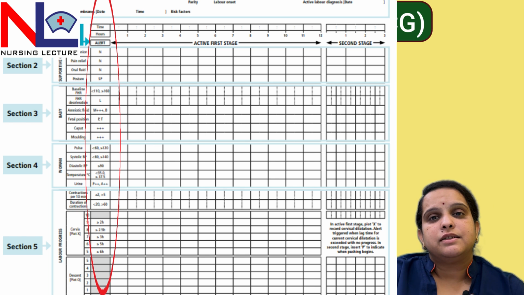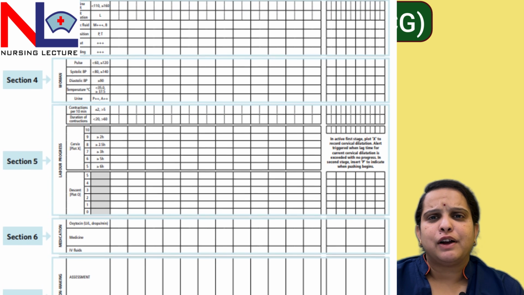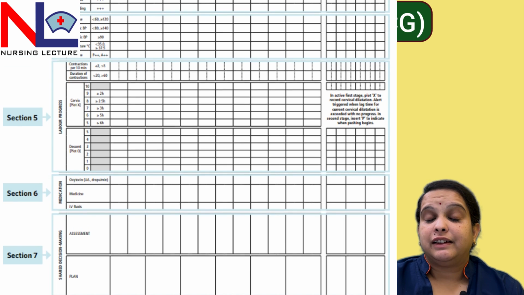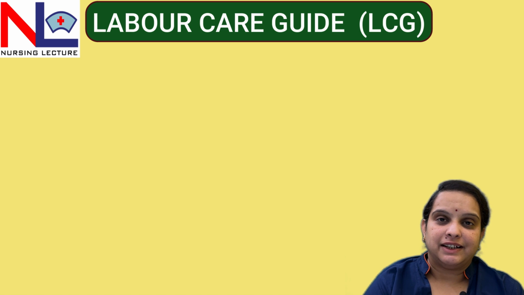So this is the basic aim behind this labor care guide. In this lecture we have covered all aspects of the latest revised partogram, that is the labor care guide. Thank you.